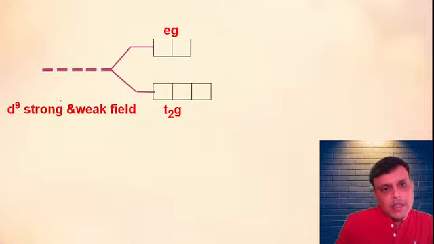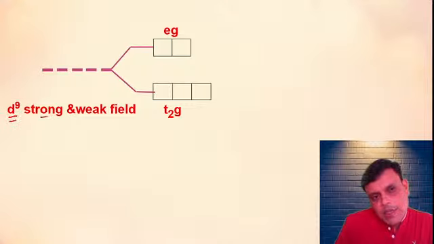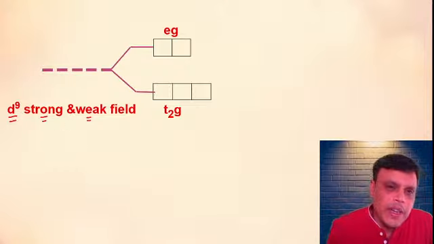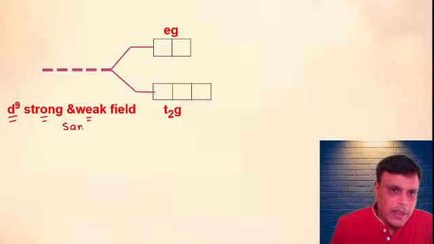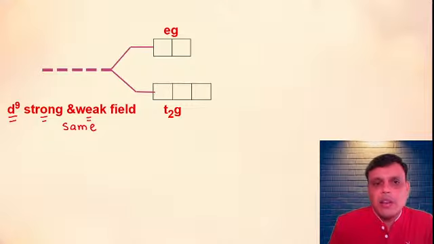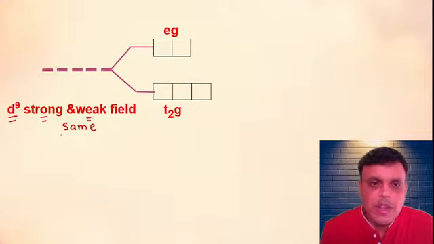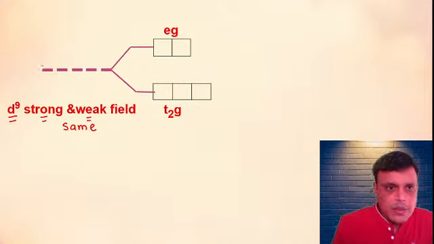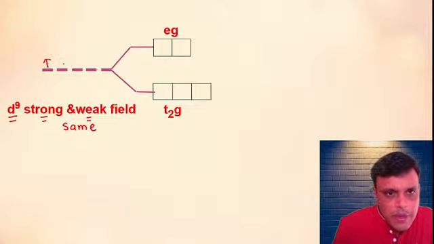Take one more example. D9 system, strong and weak field. In D9 system, strong and weak field it is the same. If it is a D9 system, whether the complex is strong field or weak field doesn't matter. So you have 9 electrons in free metal ion.